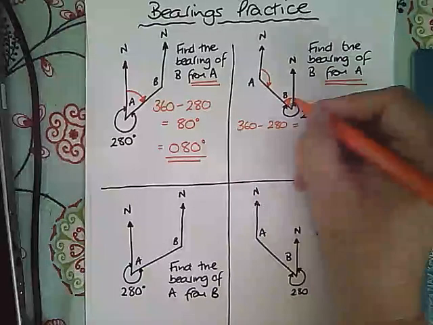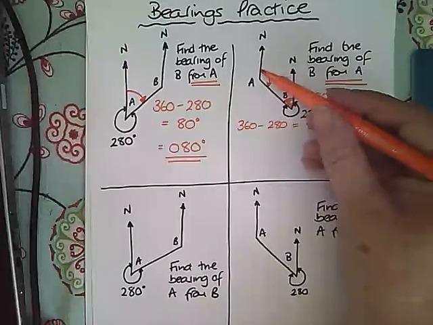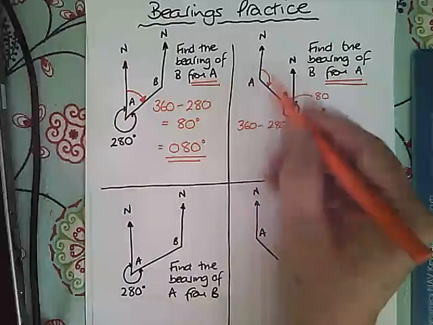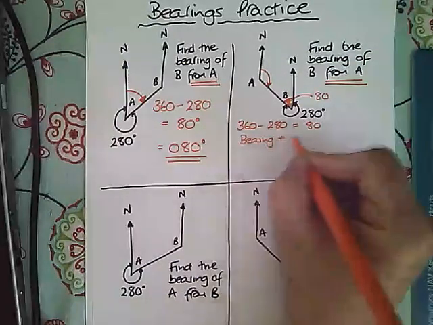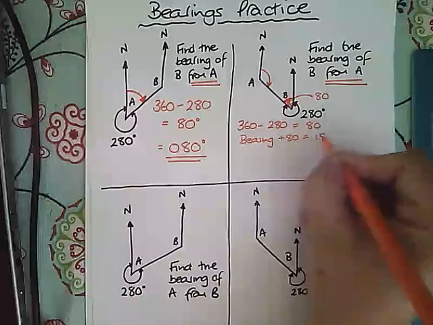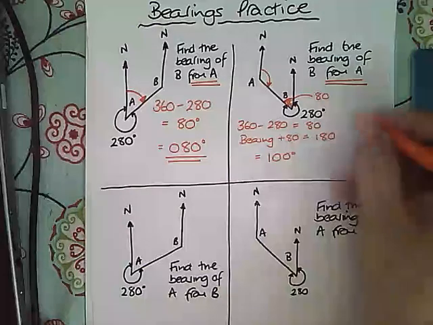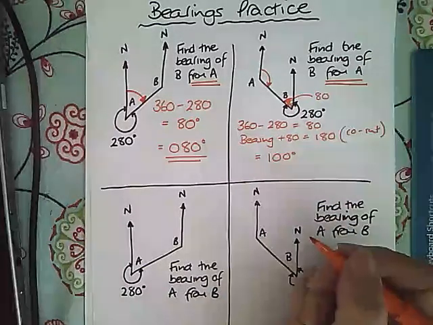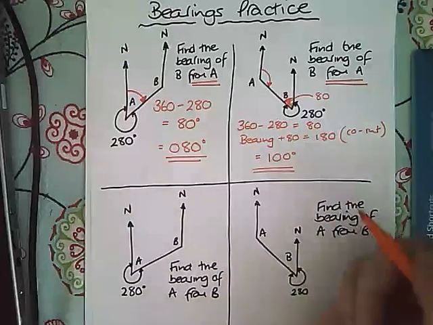So that angle there is 80. And then co-interior angles mean that the bearing plus 80 equals 180. So our answer would be 100 degrees. And this is because they are co-interior angles on parallel lines. Okay, so this is 3 figures, and I can just leave it as 100.